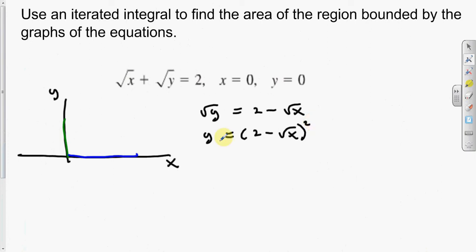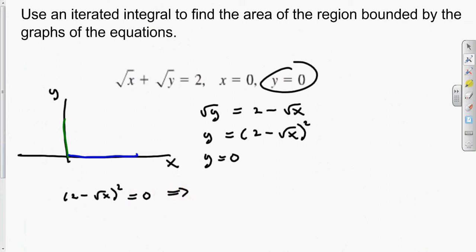So I have this, and I also have y equal to 0. I get that from here. So I set both equal, so that gives me 2 minus the square root of x, to be squared, is equal to 0.